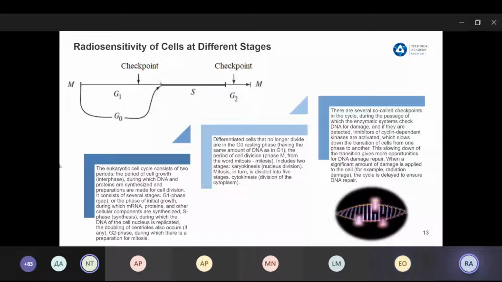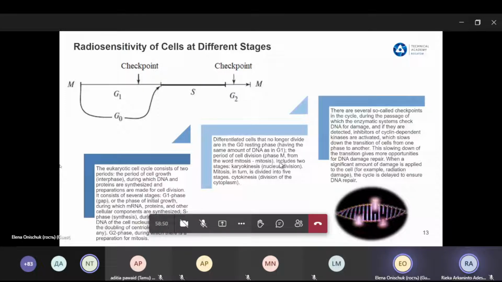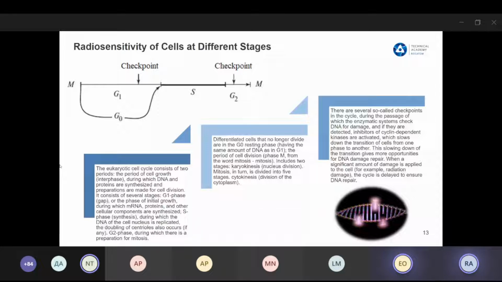This slowing down of the transition gives more opportunities for DNA damage repair. When a significant amount of damage is applied to the cell, for example, radiation damage, the cycle is delayed, a division block, a mitotic block, to ensure DNA repair.